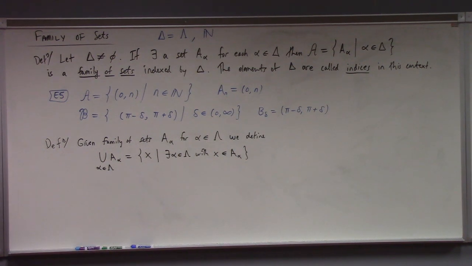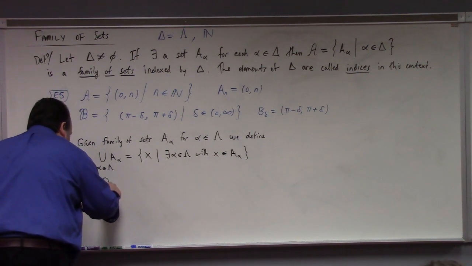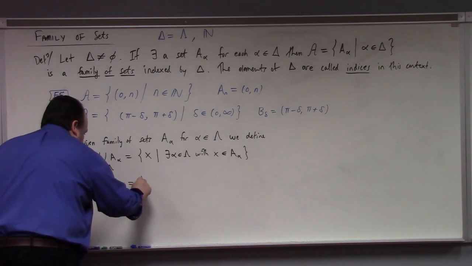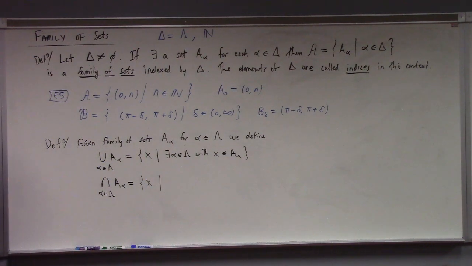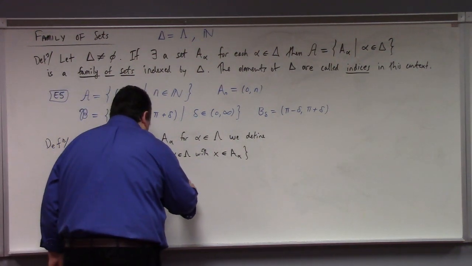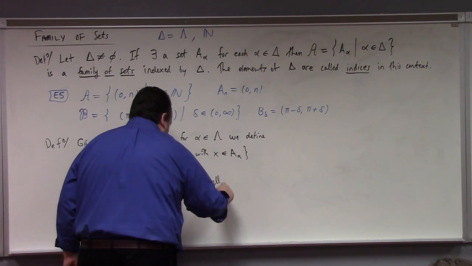What do you think intersection should be? What's the intersection over a family? x such that what? I'll start us out. x is an element of A alpha for all what?